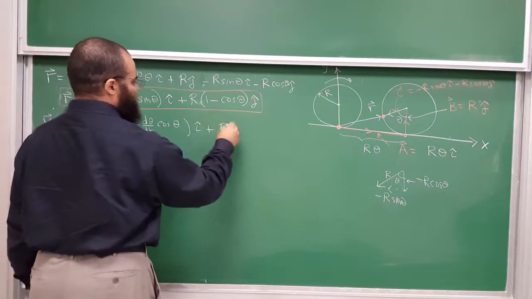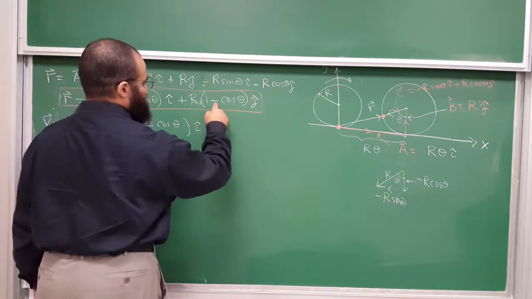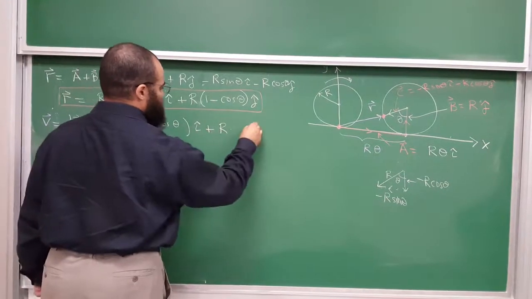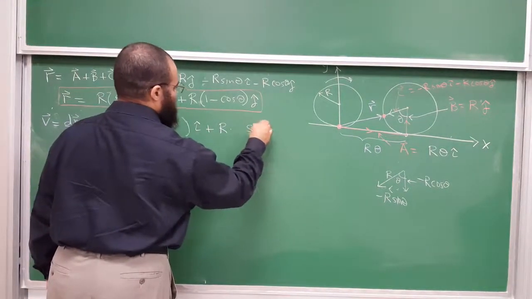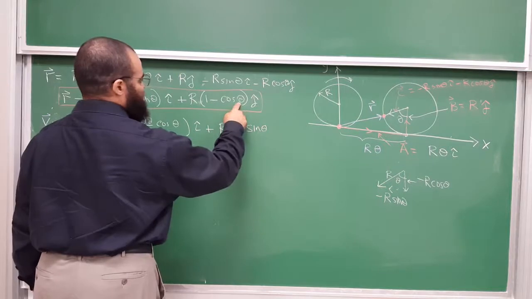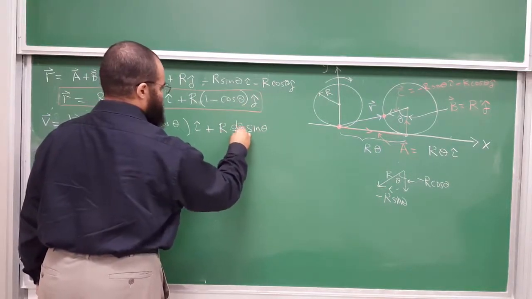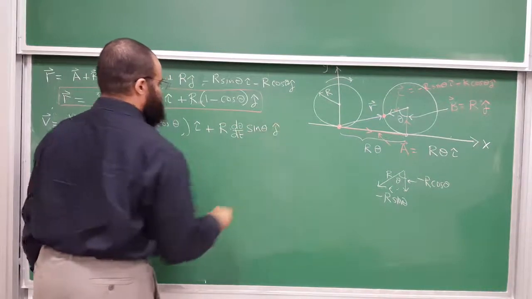Derivative of cosine is negative sine, but there is a minus in front of it, so that becomes positive sine of theta, and then by the chain rule I have to take the derivative of theta, so that's a d theta dt, and you have the j hat.